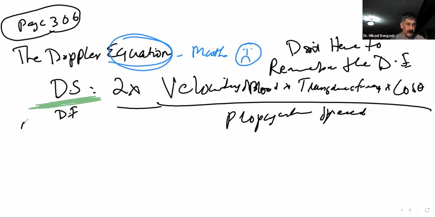Just so you remember, that was just the transmitted frequency subtracted from the reflected frequency. That gives us the Doppler shift, or what we call the Doppler frequency. Right? Right, girls?